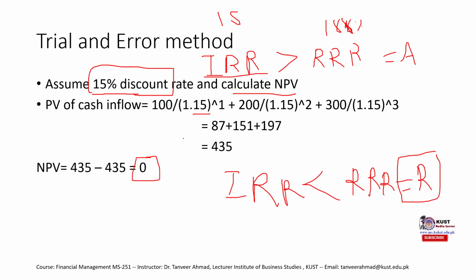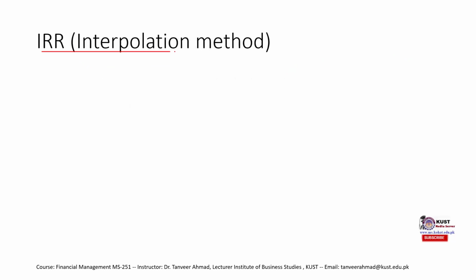So let's move to our second method, which is interpolation. IRR can be found using the trial and error method and the interpolation method. Trial and error is a difficult one.